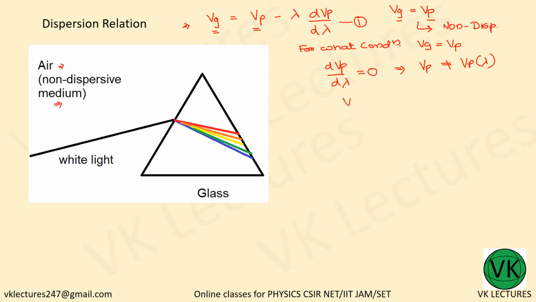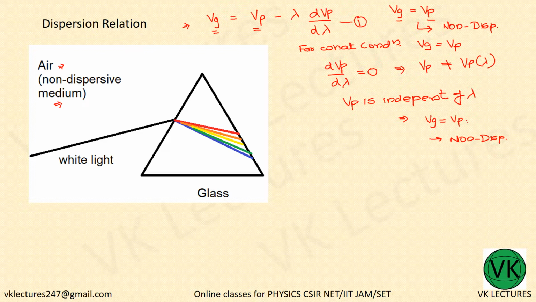If Vp is independent of lambda, only then Vg equal to Vp and the medium is non-dispersive. So at this point you can write dVp by d lambda equal to 0. So this is a non-dispersive medium.